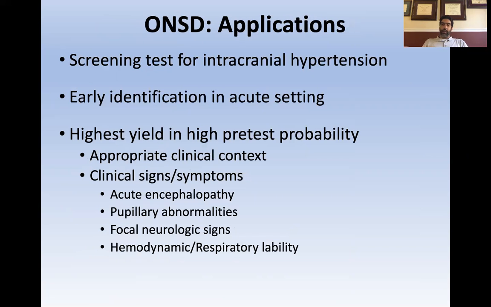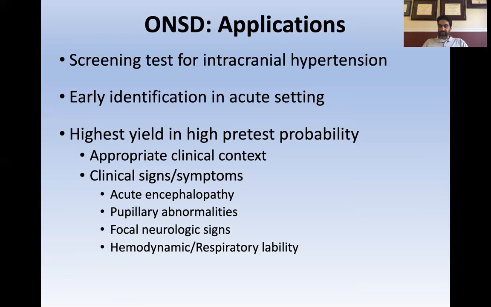Okay, so back to the clinical application. What is the purpose of measuring optic nerve sheath diameter? Again, think of it as a screening test for intracranial hypertension. Okay, your goal is to identify evidence of high ICP early. Okay, so this, like any other screening test, has its highest yield in those patients who have a high pretest probability for, in this case, intracranial hypertension. So this is a patient who has a clinical syndrome that makes you concerned for high ICP.